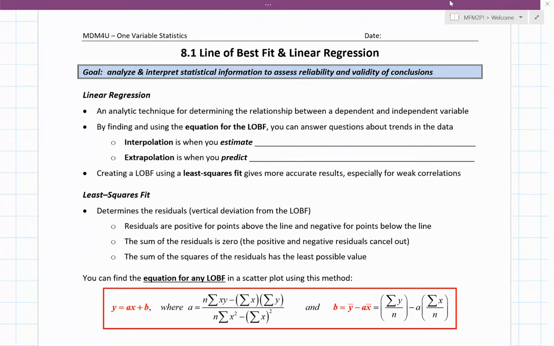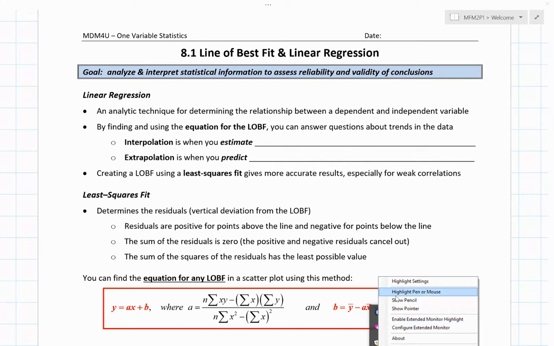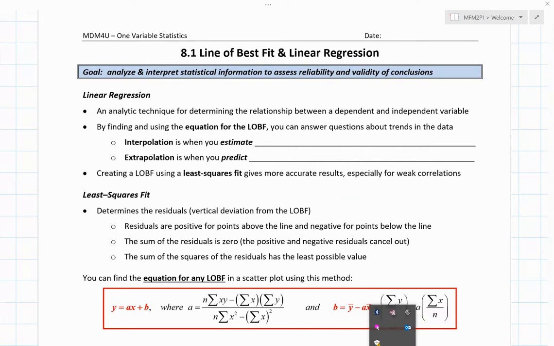So what it is, it's an analytic technique for determining the relationship between a dependent variable and an independent variable. And if we can find that line of best fit through those data points, you can do two things. You can do an interpolation.